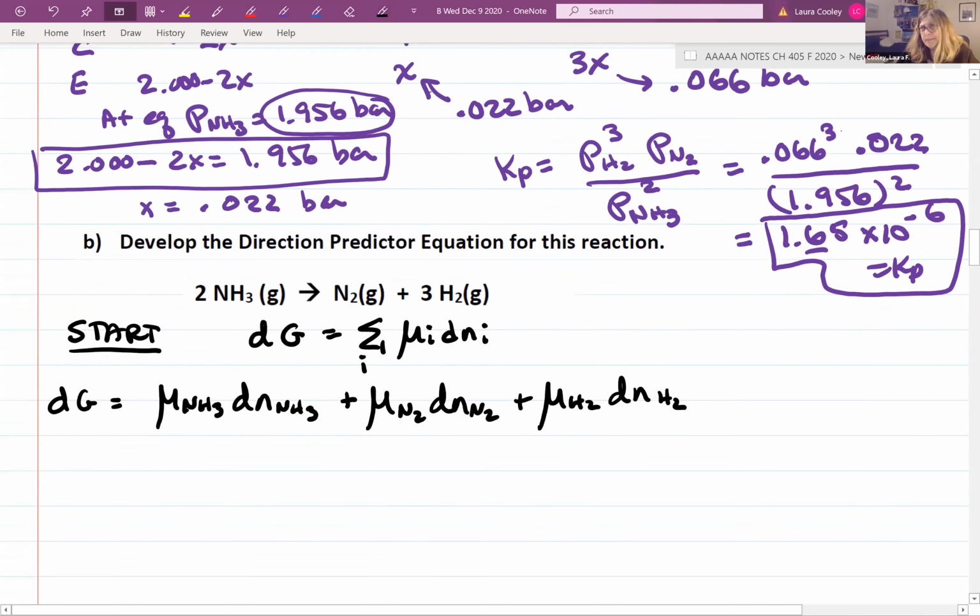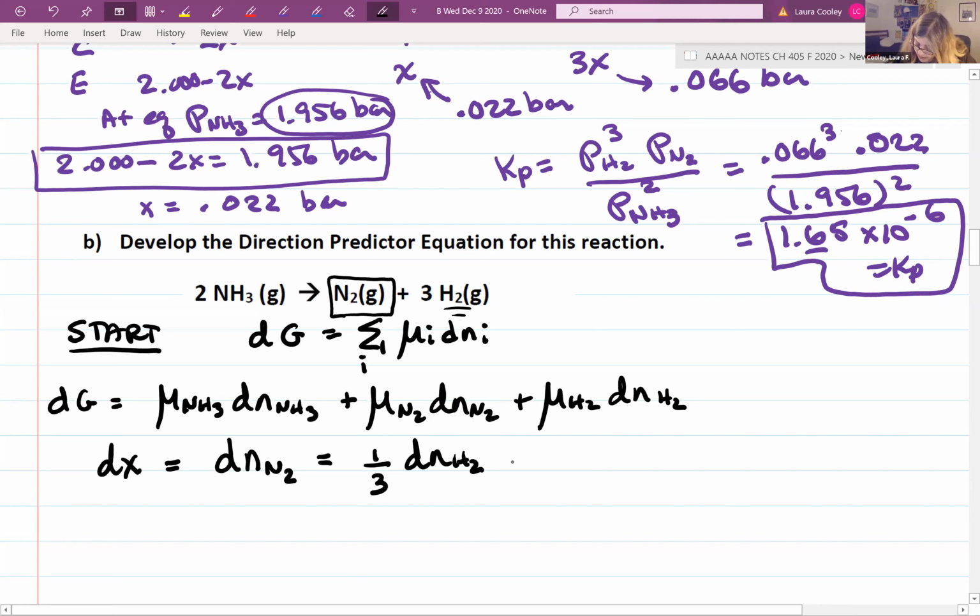Okay. The next thing you have to do is figure out the dx. We have dx, the change in extent of reaction. N2 has a stoichiometric coefficient of 1, and it's a product, so that is the same as the change in moles of N2. But for H2, we have to divide that by 3, because this is being produced 3 for every one of these.